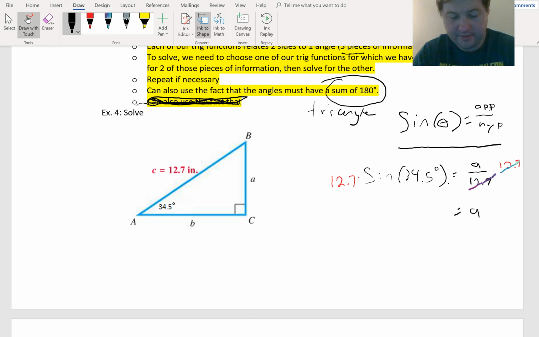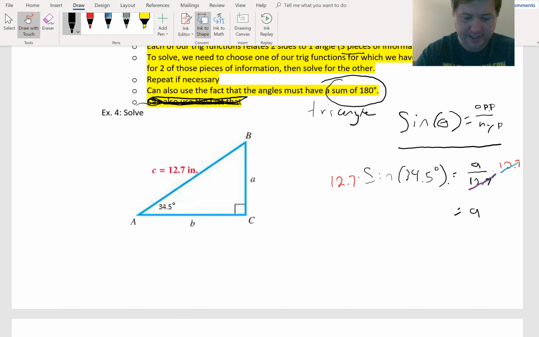34.5. So sine of 34.5 and multiply your answer by 12.7. And I get... I'm set in radians.